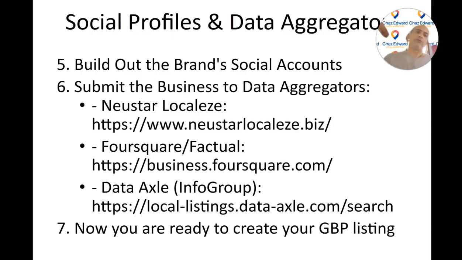You want to get on Neustar Localeze, Foursquare, Data Axle, and set those up before the Google Business profile. I usually wait a week or so. I'm not in a rush. I'd rather do it correctly for long-term success. And when you verify your GMB after doing this stuff, you tend to rank better really quick too, right? When you have that foundation.